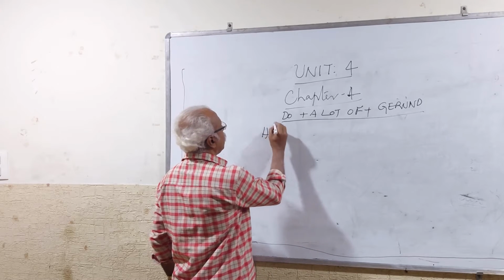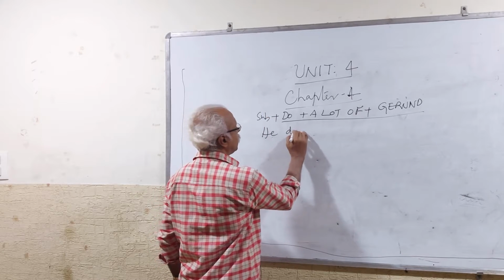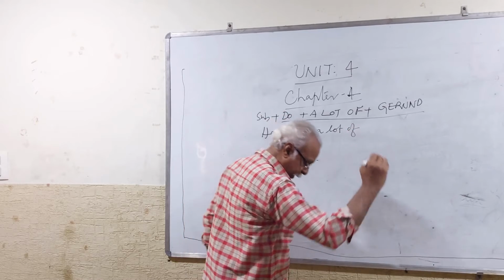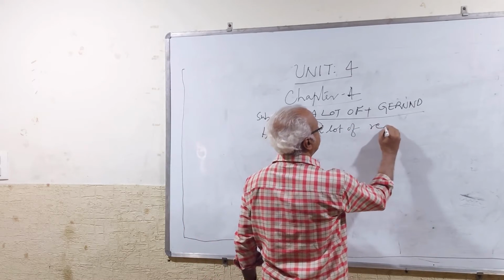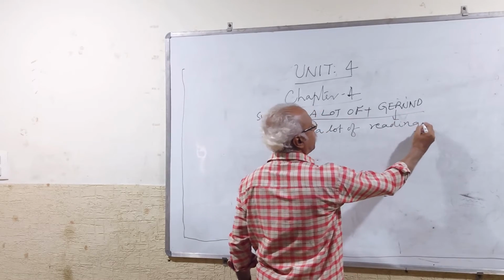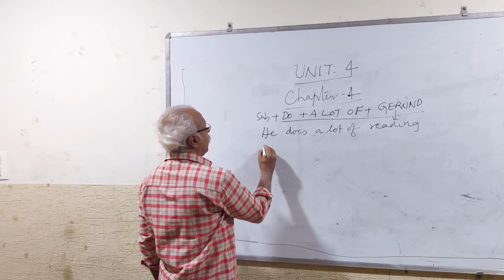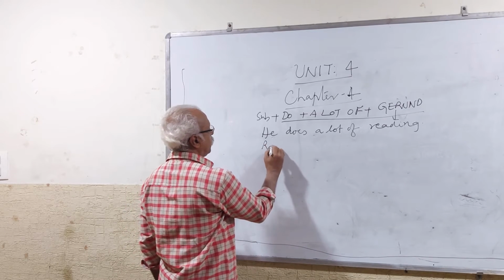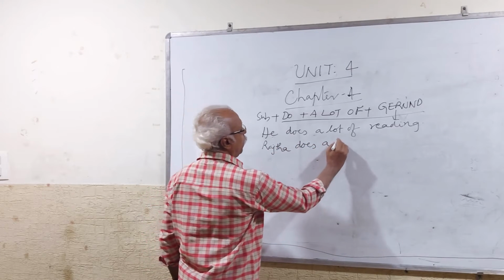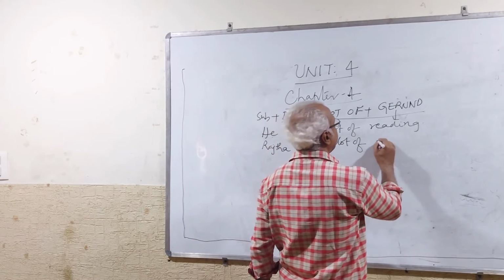Now, see this sentence. He, in the beginning, a subject comes generally. He does a lot of reading. So in the gerund I have written reading. Similarly, Rajita does a lot of painting.